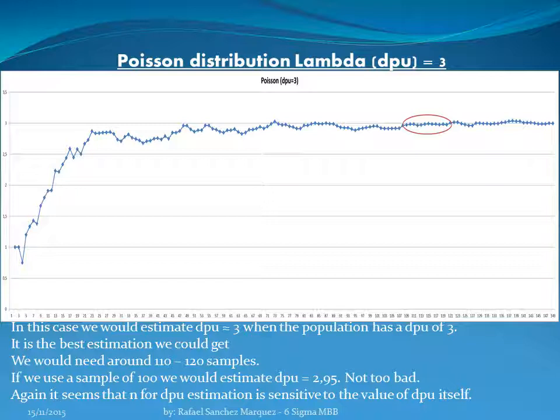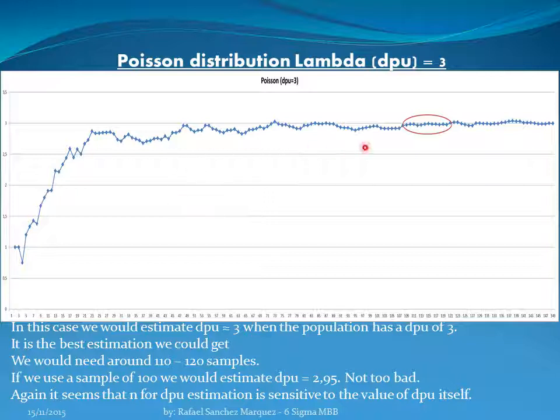With defects per unit of 3, the practical rule would give us quite a good estimation as well in this example.